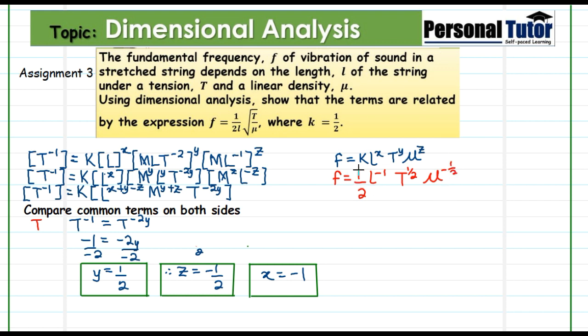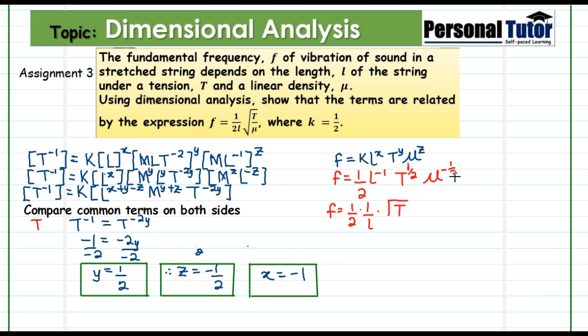Great. Let's not forget that L to the power negative 1 means 1 over L. So that is F is equal to 1 on 2 times 1 on L. Then T to the power half could be written as square root of T. So take this from indices. The square root of a number is the same as that number to the power half.